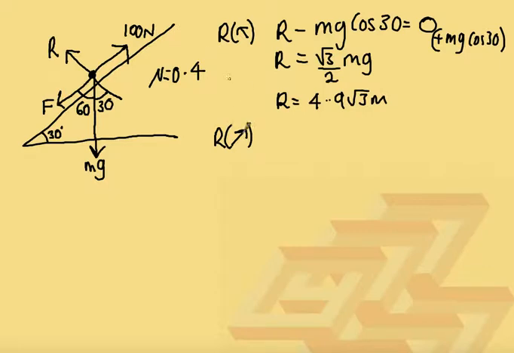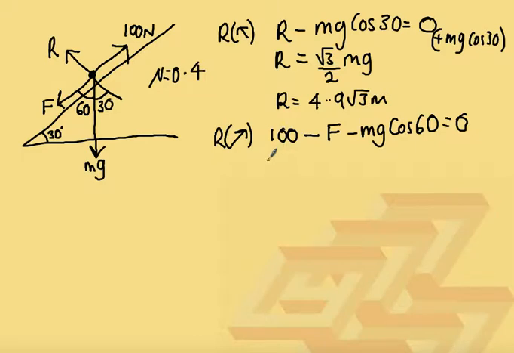So acting up the plane, we have 100 newtons. Acting down the plane, I have F. And also acting down the plane, I have the component of the weight force when we resolve through this angle of 60 degrees. So I get minus mg cos 60 equal to 0.